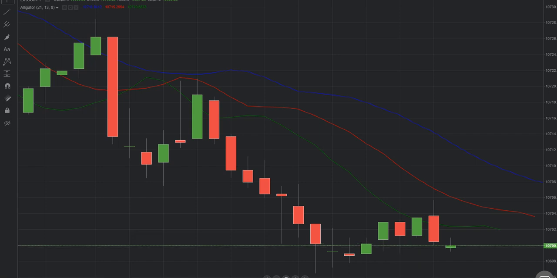Probably you are familiar with the golden and death cross concept. It calls for two big moving averages crossing. When the fast one moves above the slow one, a golden cross forms. This is bullish. When the death cross appears, the opposite is true. Bears are in control. The Alligator could offer similar interpretations.